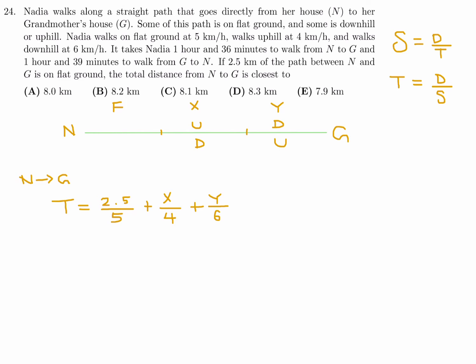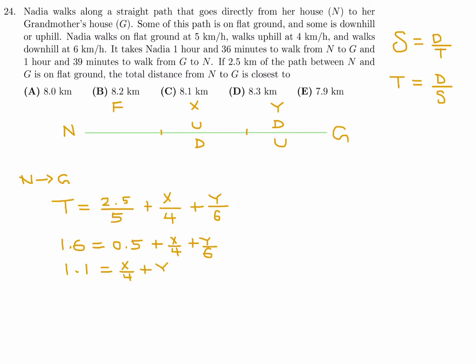Now the time in that direction they've told me is 1 hour and 36 minutes, and we have to convert that to hours. When you do, you get 1.6. And this is 0.5. And this is, of course, just x over 4 plus y over 6. This becomes 1.1 equals x over 4 plus y over 6.